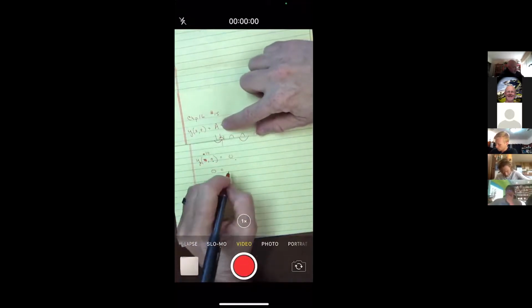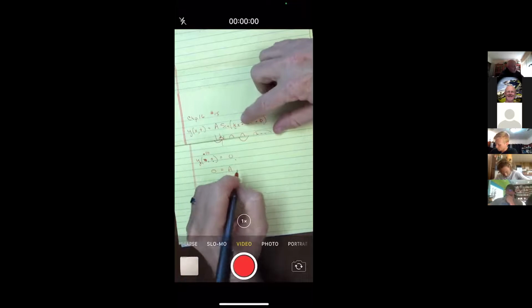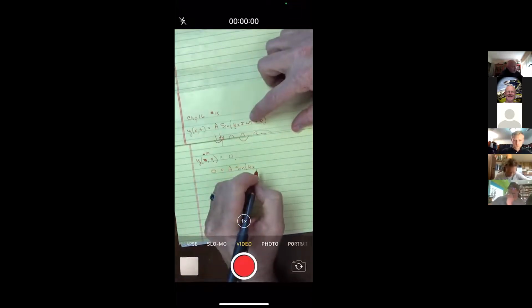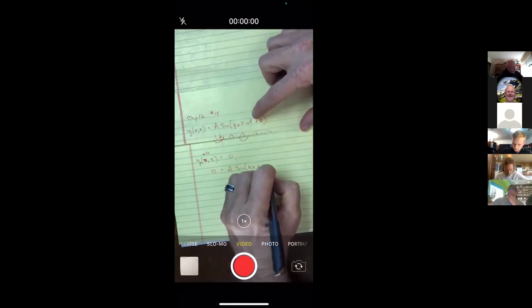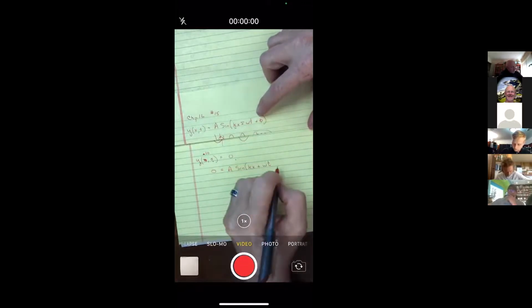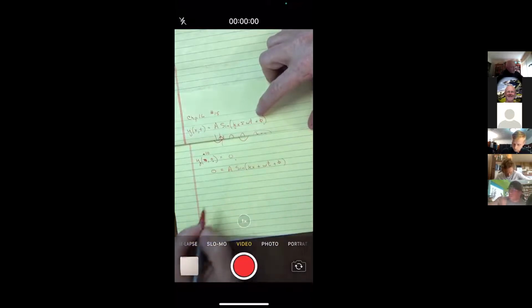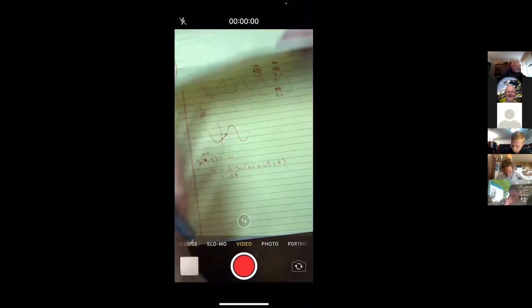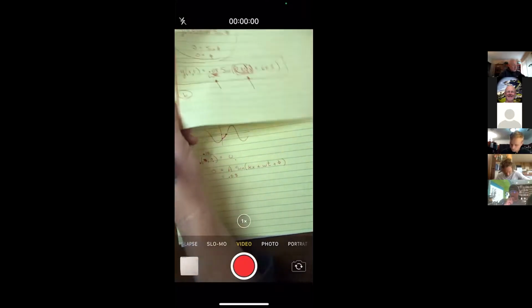Okay, so I have an amplitude, I have a sine of kx, and we still want it going in the negative direction, so I'll put a plus, and then there's the phase. And so the amplitude was 0.08. Okay, good.